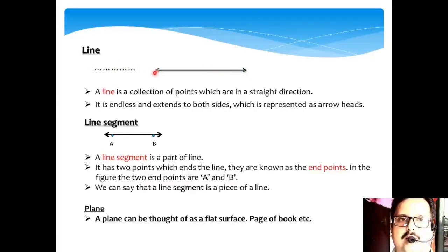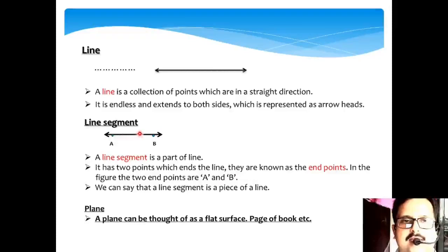These two arrowheads indicate that this line extends to both sides, the right side as well as the left side. We know that a line is endless, it can stretch anywhere. So these are the two points about the line. Now suppose we are taking a piece of this line and putting two points here, A and B. It shows that the line is extending, but we are not taking the complete line.